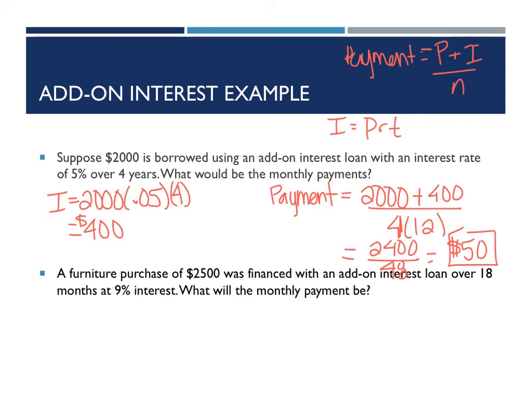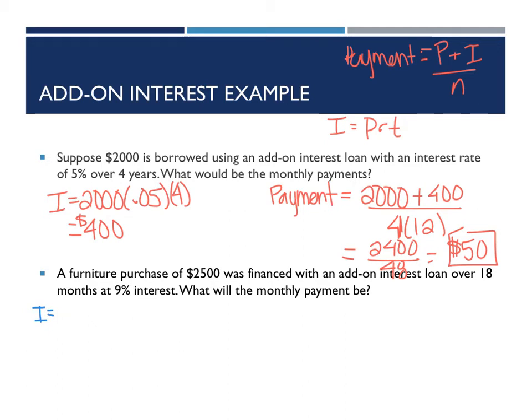So let's look at another one. A furniture purchase of $2,500 was financed with an add-on interest loan over 18 months at 9% interest. What will the monthly payment be? Again, you want to find the interest first.